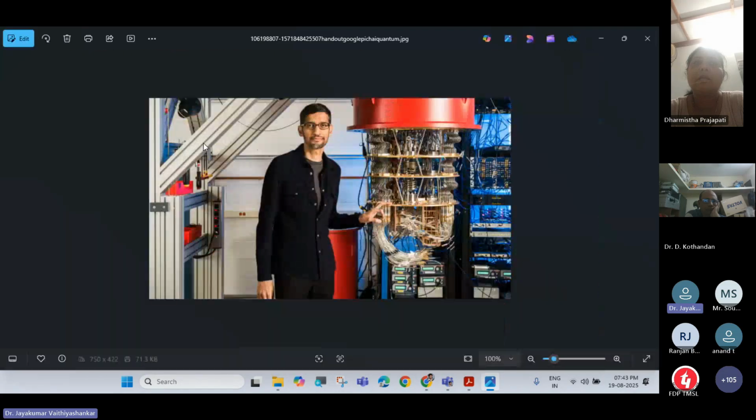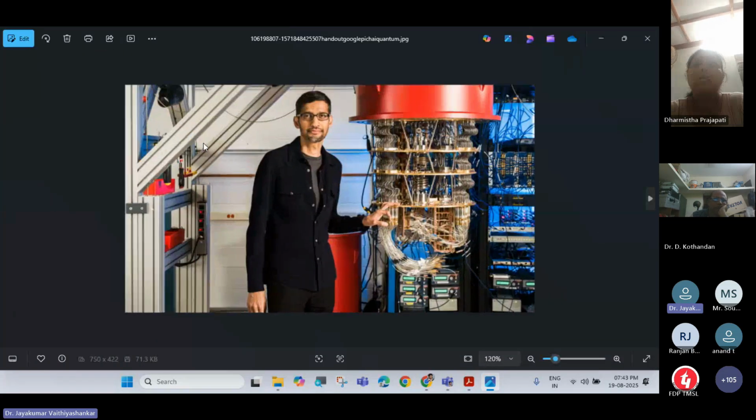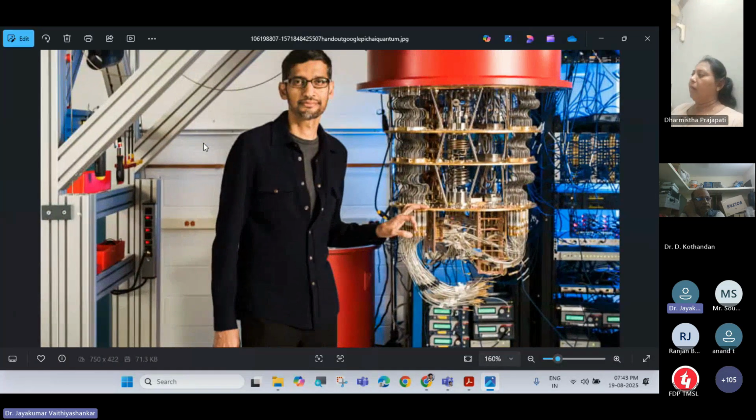So this is the image. You can see how a quantum computer appears.